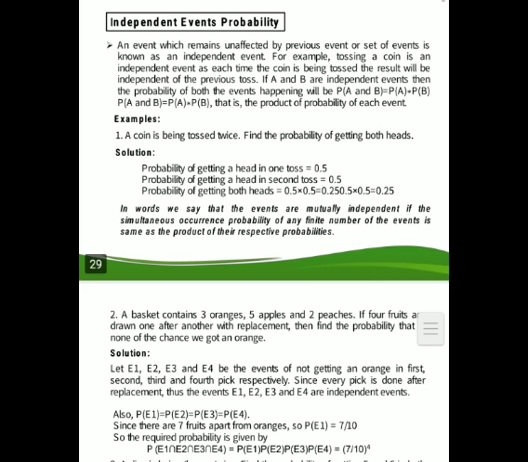Since there are 7 fruits apart from orange, P(E1) is equal to 7 over 10.